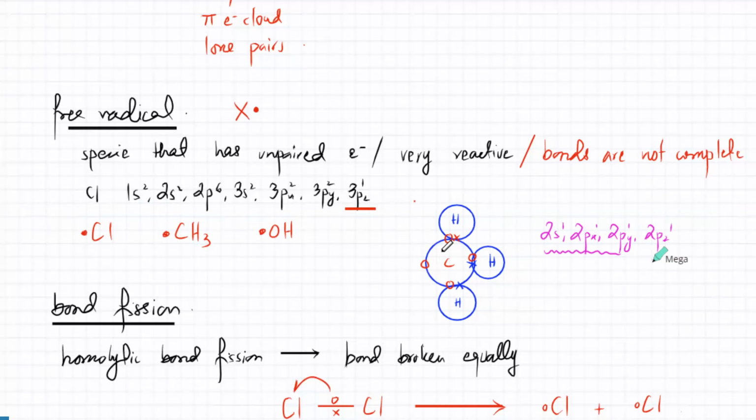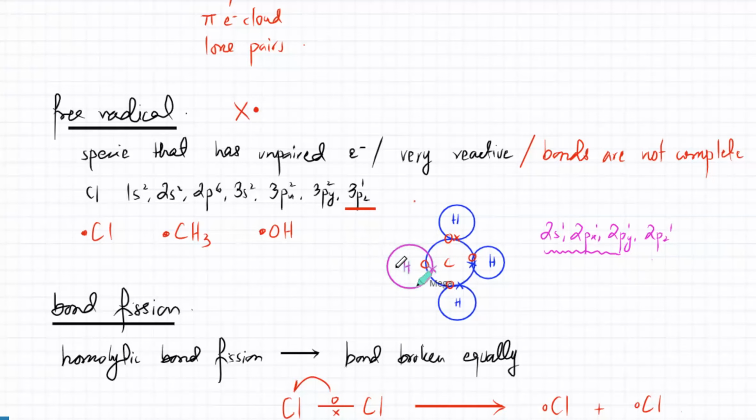It would try to gain electrons from somewhere. So any molecule, atom or ion whose outer shell is not complete and whose orbitals are unpaired, that means it's still waiting for bonds to form, and its outer octet is not complete, so it will continue to attract electrons from other atoms. Is that clear? Like the CH3 will try to attract, let's say there's another hydrogen going around, this CH3 will try to pull that hydrogen atom, and it's going to be very reactive.